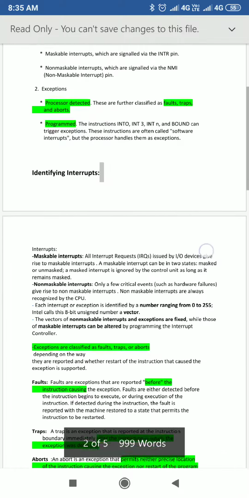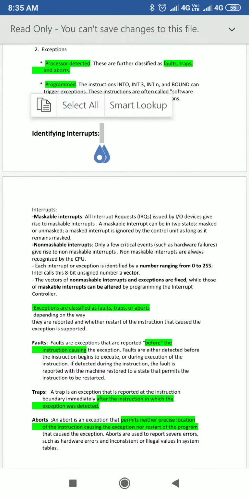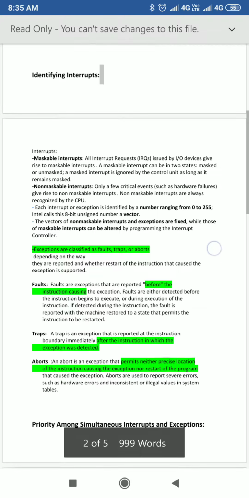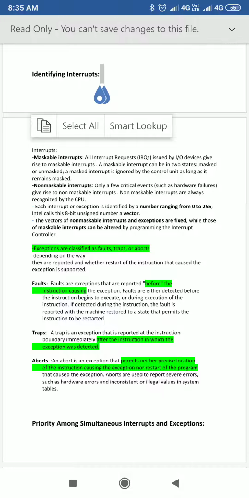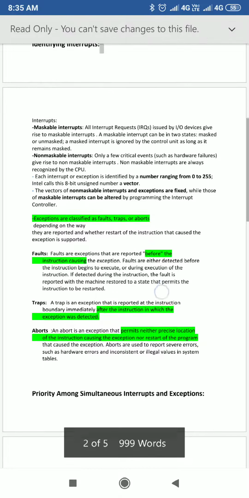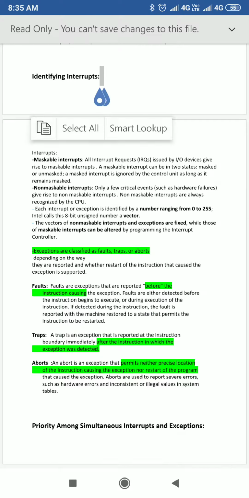Exceptions are classified into 3 parts, namely faults, traps and aborts. Now we will see one by one what a fault, an abort and a trap are.